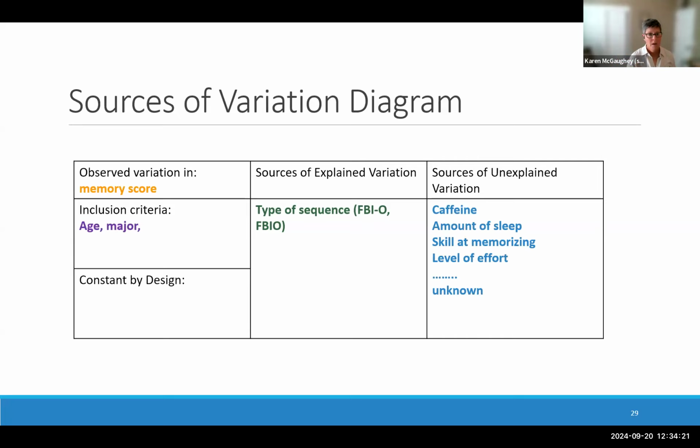And then all those other sources that we brainstormed get lumped into this sources of unexplained variation category. And then we have things like age, and major, if your class has common majors in it. At Cal Poly, we have a statistics class for biology majors, for engineers, for business, right?